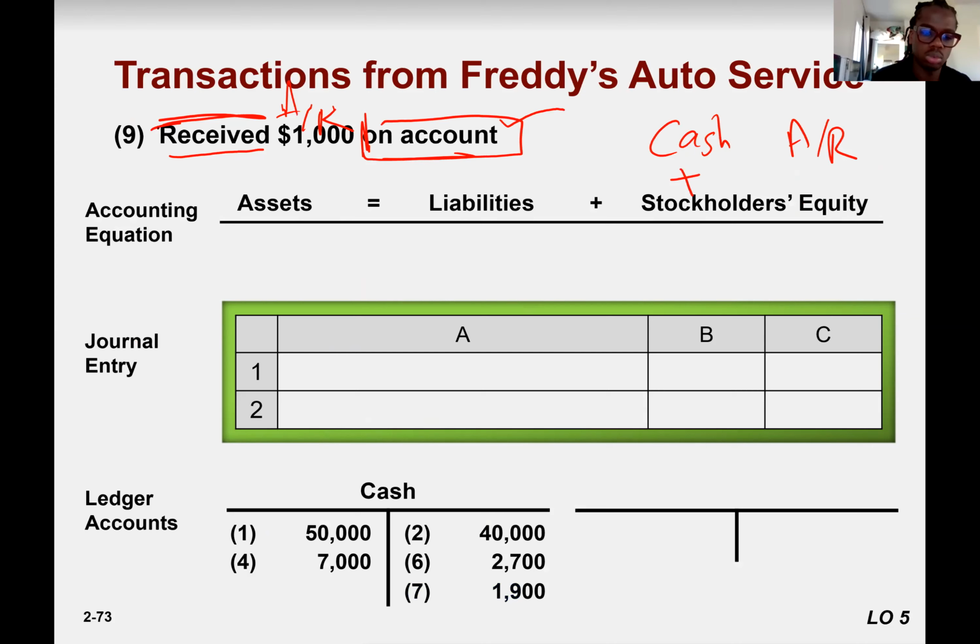But since the word here is received, normally we receive money from our customers, right? Understand? Yes. So in that case, cash increases, and does accounts receivable increase or decrease? If somebody has paid his debt, should he be removed from the account or should it be increased?